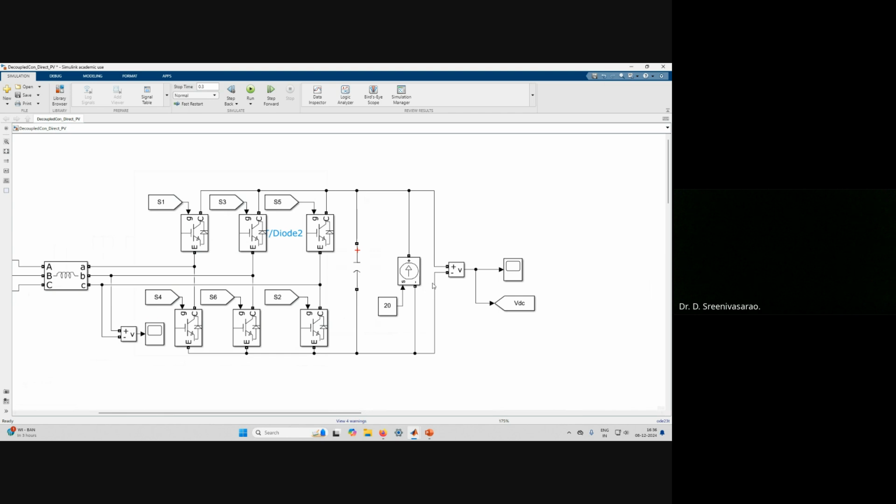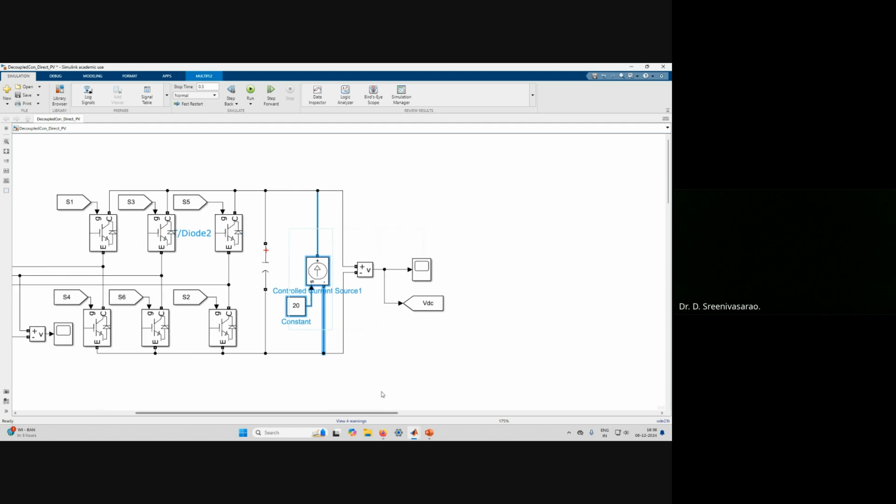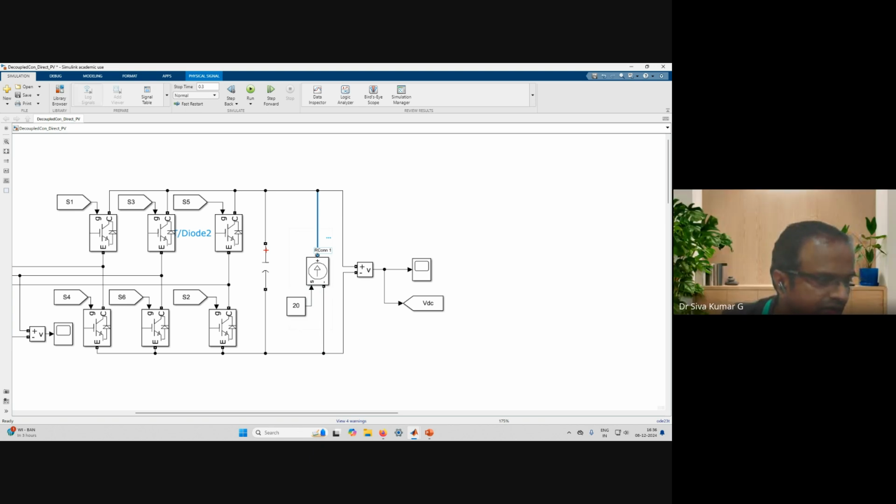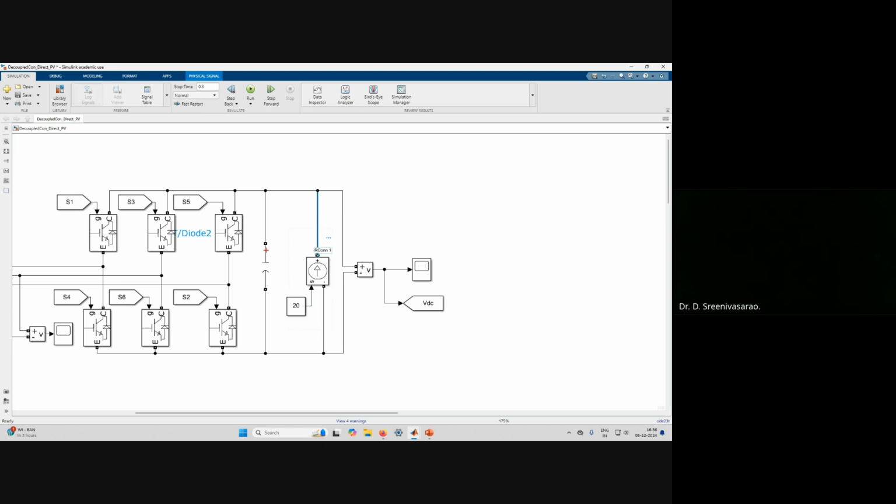And this one I modeled, let us assume, as a battery, as a controlled current source. I assume the battery plus 20 indicates this direction, meaning the current is flowing away from the battery, 20 amperes.